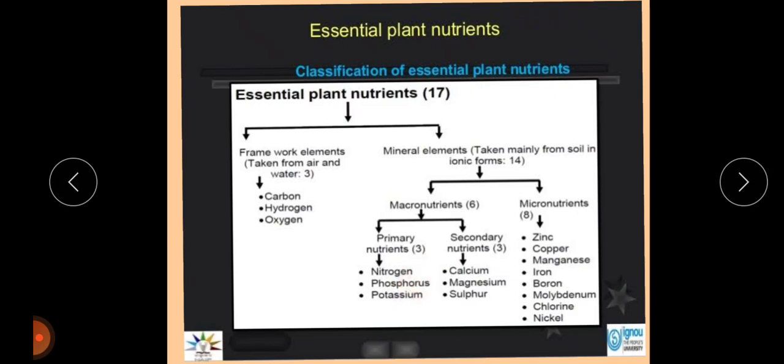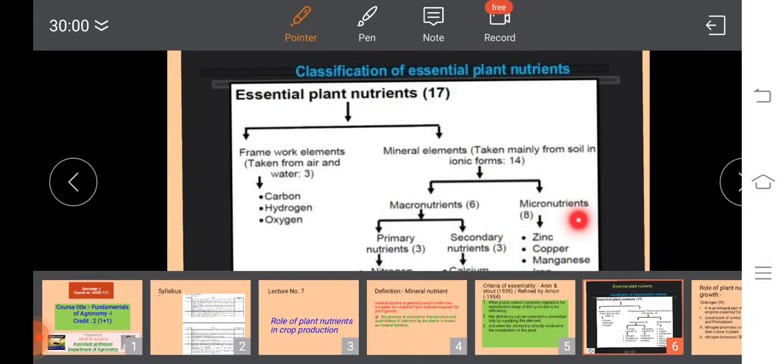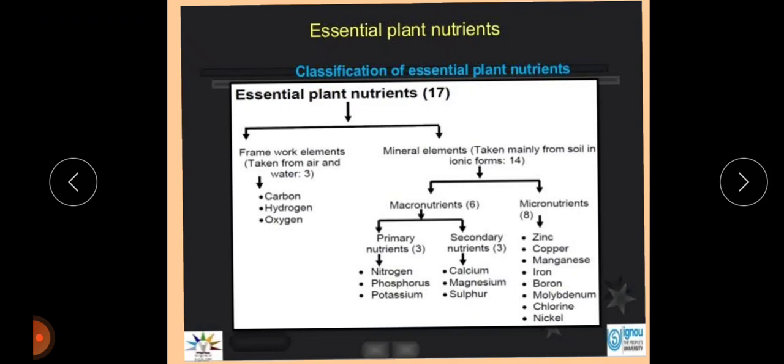The secondary nutrients are calcium, magnesium and sulfur. So there are 6 macronutrients and the remaining 8 are micronutrients: zinc, copper, manganese, iron, boron, molybdenum, chlorine and nickel. Nickel was added to the micronutrients more recently. So these 17 are very important essential plant nutrients for completing the plant life cycle.